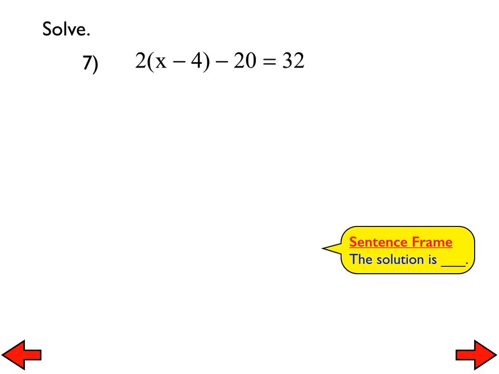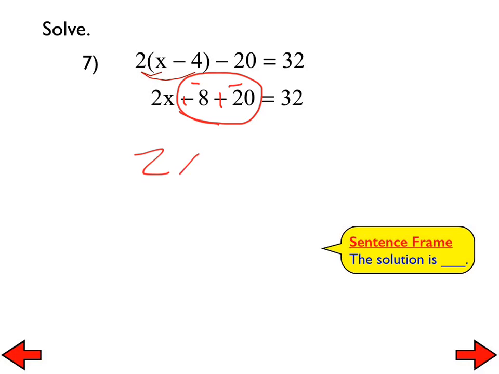Most of you are doing everything perfectly. A couple of you made a mistake. You did your distributive property correctly, but where you made your mistake was right here. That's negative 8 minus 20. If you need to, add the opposite in both spots. You have negative 8 plus negative 20. Same thing. Either way, negative 8 plus negative 20 is negative 28.